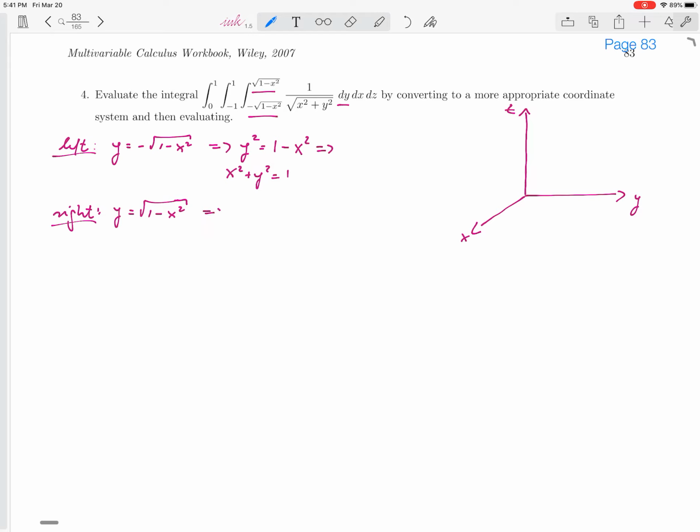On the right, it's very similar. We have also y squared is equal to 1 minus x squared by squaring both sides. And that also gives us x squared plus y squared is equal to 1. Now, what does a surface described by x squared plus y squared equals 1 look like? That is the equation of a cylinder centered around the z-axis of radius 1.